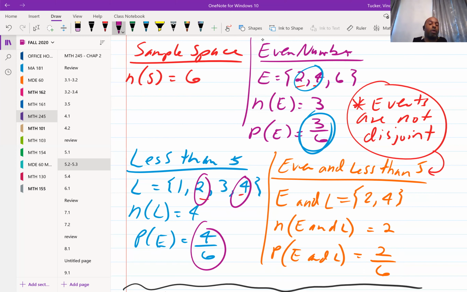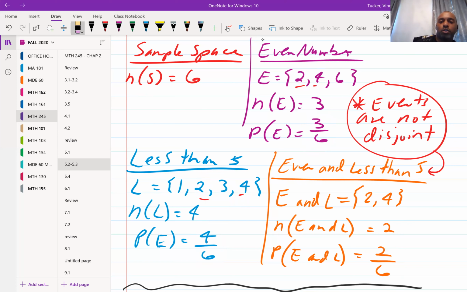So if I were to add those probabilities together, I'm actually counting 2 and 4 twice. And that's not what we want to do. We don't want to include any number more than once when we're calculating our probability. So that's why we have to subtract what they have in common, so we don't count those elements twice.